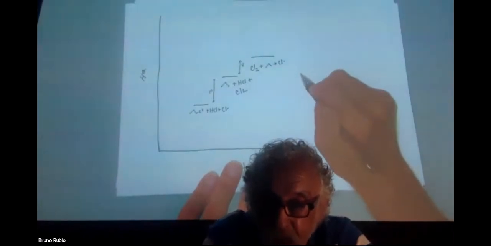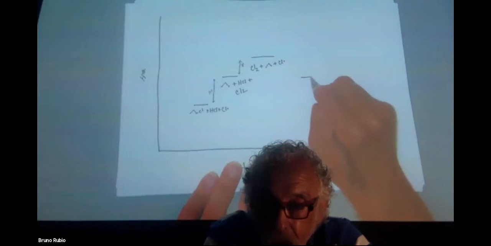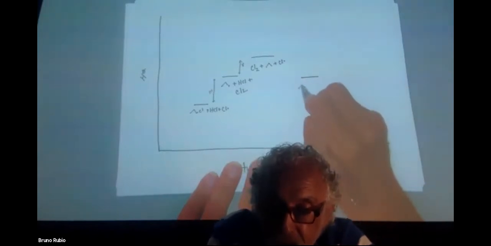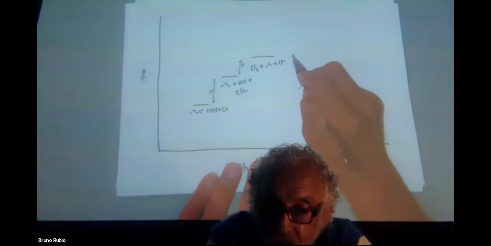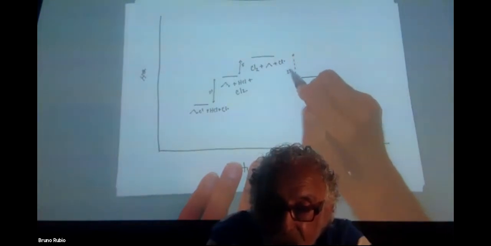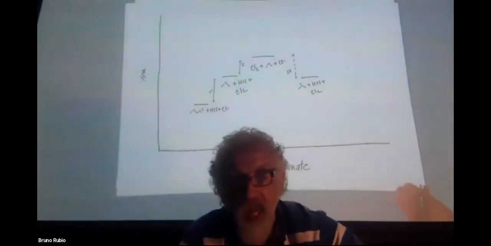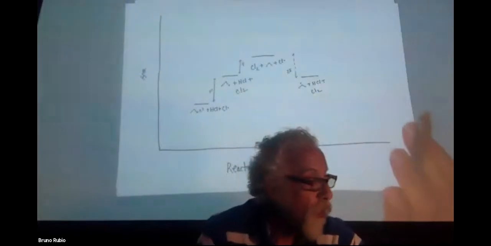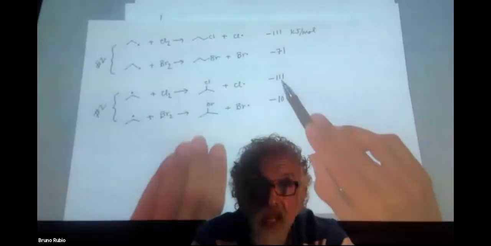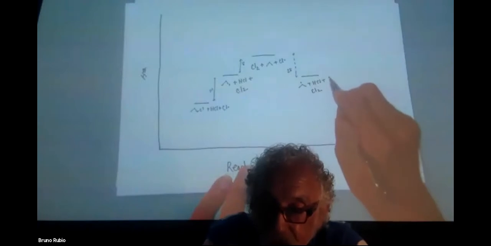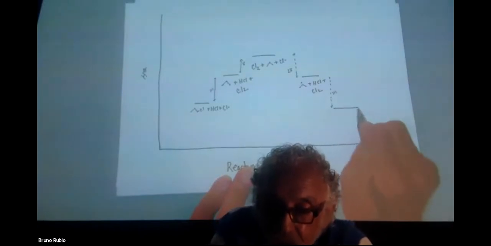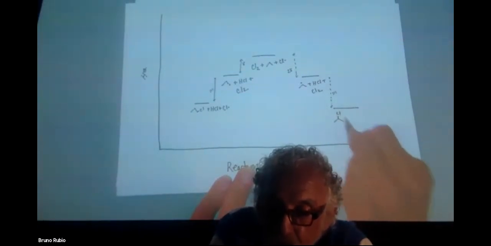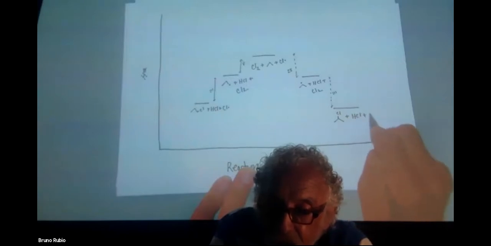So if that was 8, maybe 28 can be here, to make that secondary radical plus HCl plus Cl2, right? And so this distance here, that's the 28. And then I'm going to go down for the second propagation step. Oh, that's that 111 again. So now I'm going to go down 111. It's going to be way down here somewhere. That's the 111 down to here, where I get this 2-halo plus HCl plus Cl dot.